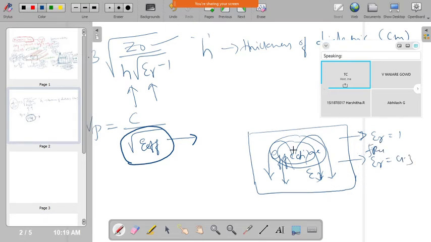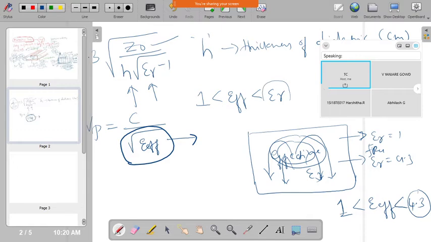This homogeneous medium contains both. That's why the effective dielectric constant is always in between that of air and that of the chosen dielectric material, in this case FR4. In general we can specify 1 less than effective dielectric constant less than epsilon r, where epsilon r is for the particular dielectric material.